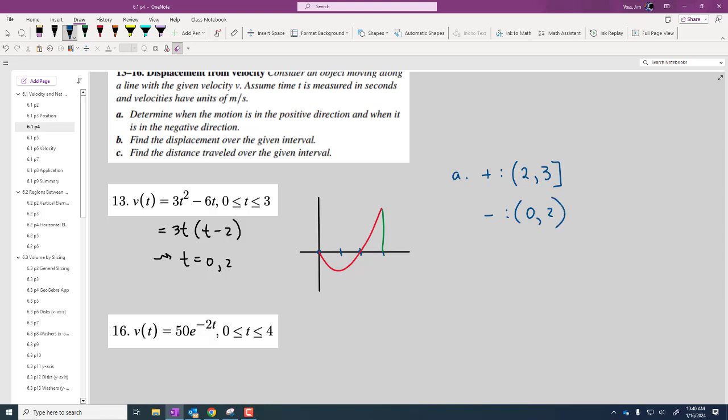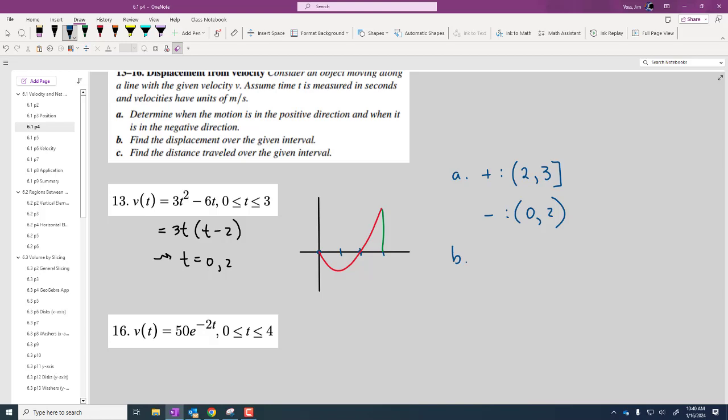All right. Part B says find the displacement on the given interval. So displacement, that's the easy one. We just do the math. We just integrate from 0 to 3. That'll automatically do the upper minus lower area for us. We don't have a simple symbol for displacement other than the integral.